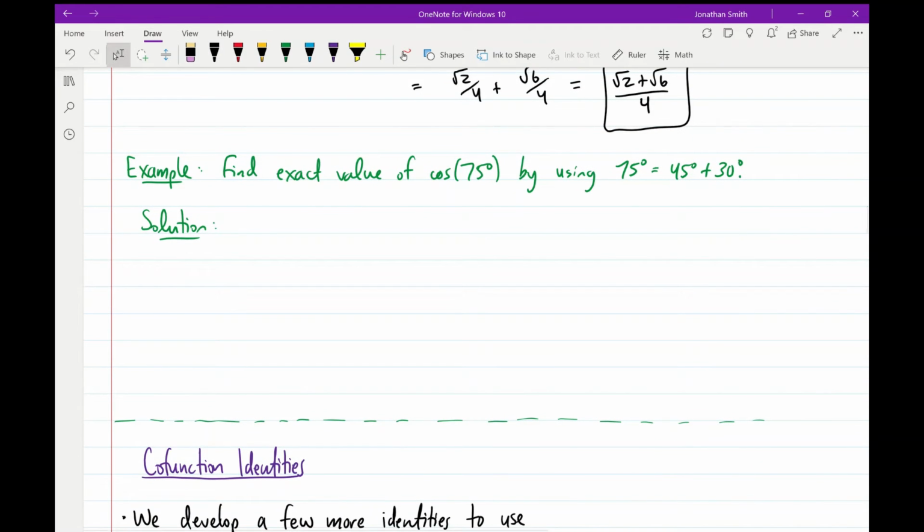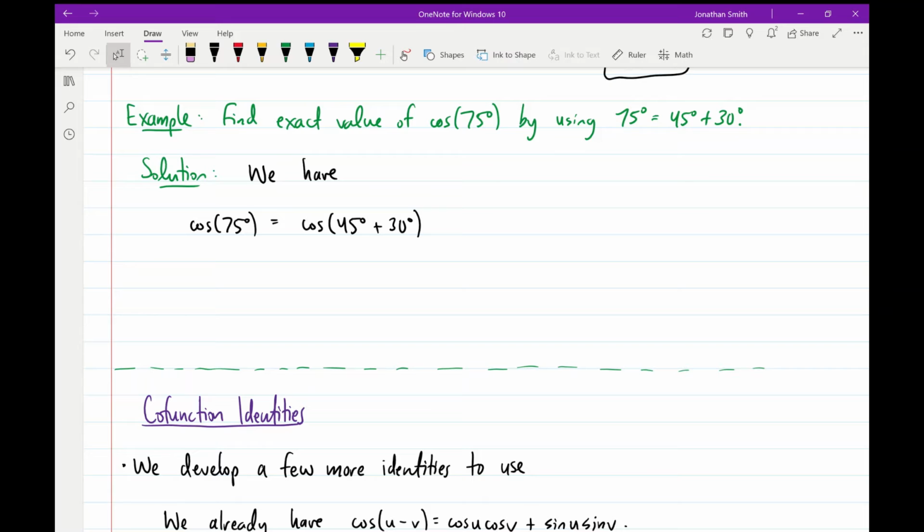Okay, in the next example, we show that you can also use the sum or difference formulas when you have angles in terms of degrees as opposed to radians. Nothing really changes here. So this time, we have that cosine of 75 degrees is equal to cosine of 45 degrees plus 30 degrees, because 75 is equal to 45 plus 30.